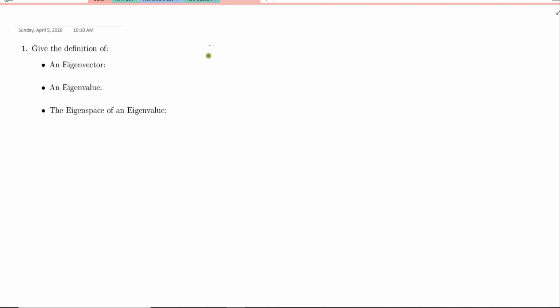What is an eigenvector? Well, let T be a linear transformation from Rn to Rn.